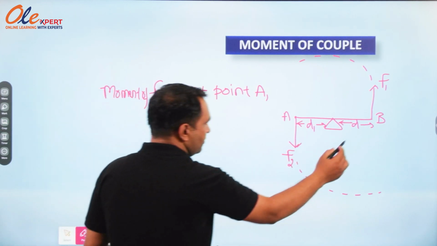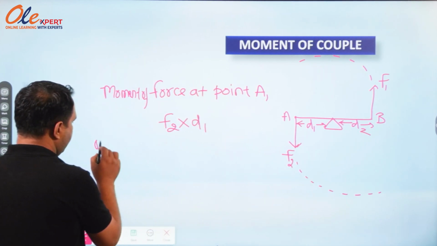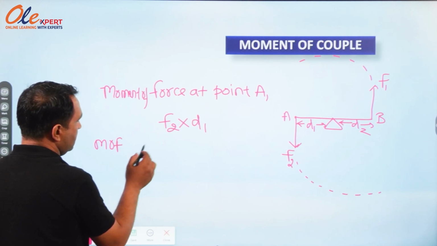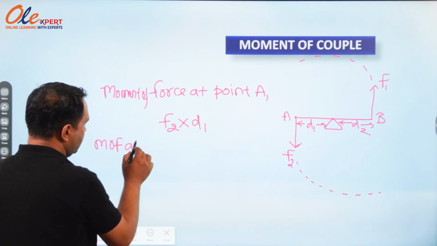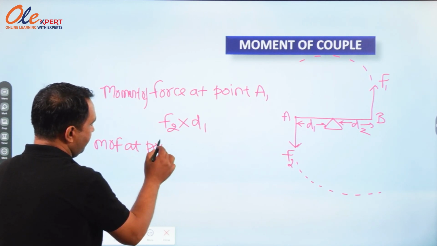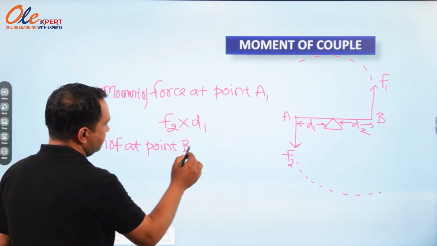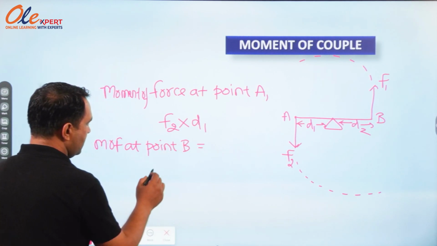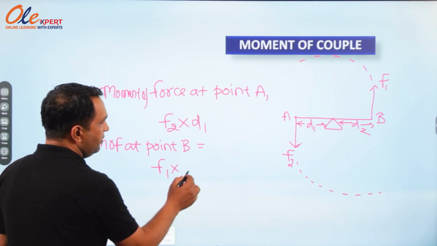And this is D2. And the moment of force at point B is equal to F1 into D2.